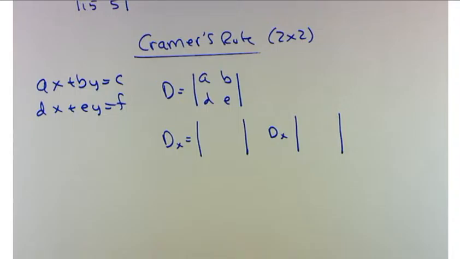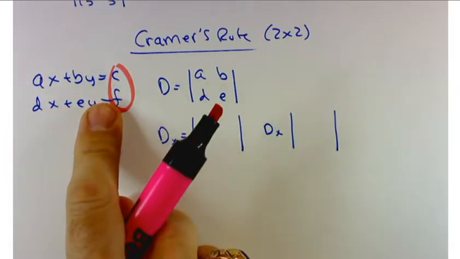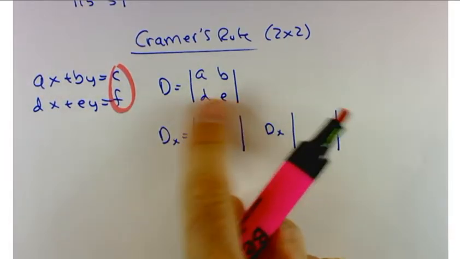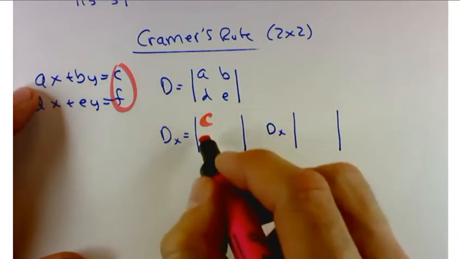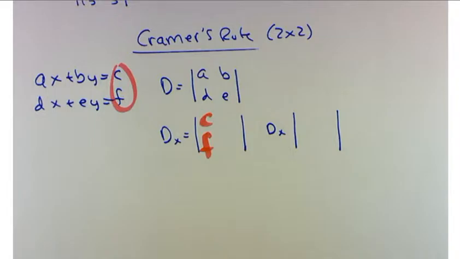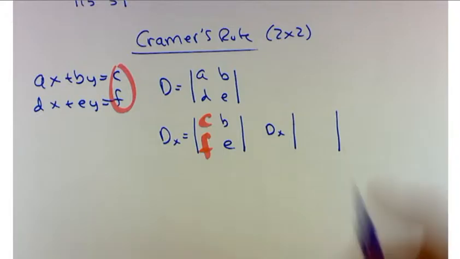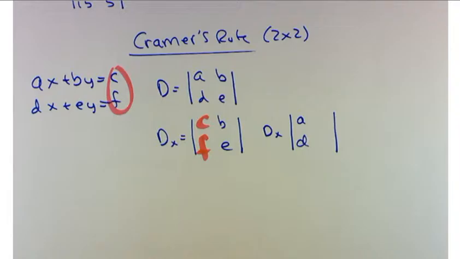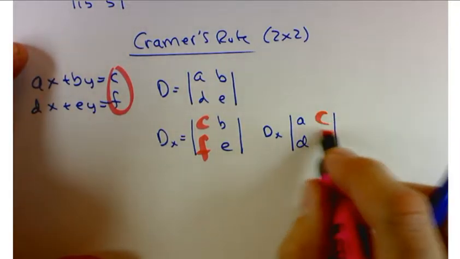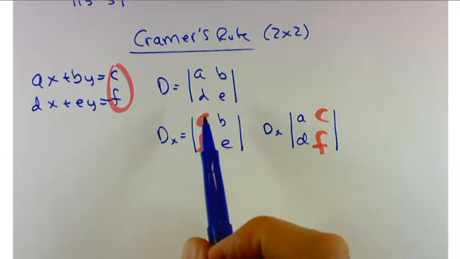Well, what we're going to do is one at a time take the numbers on the right-hand side and replace these columns in D. So I'll start with C and F, but I'll keep B and E. And then for the next one, I'll keep A and D, and then I'll put in C and F. So one at a time, you replace first the first column and then the second column.